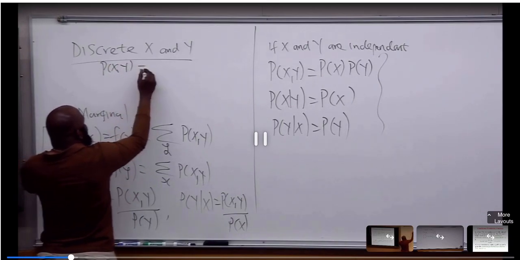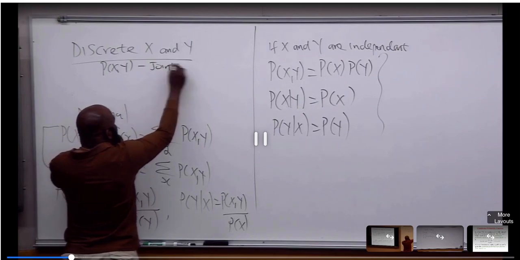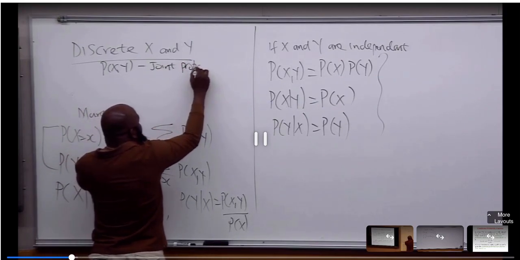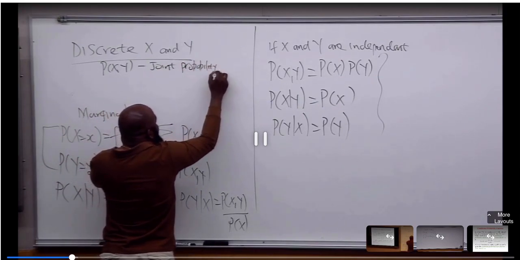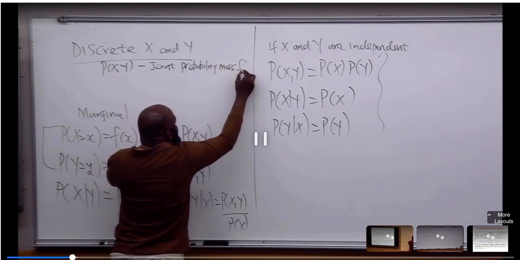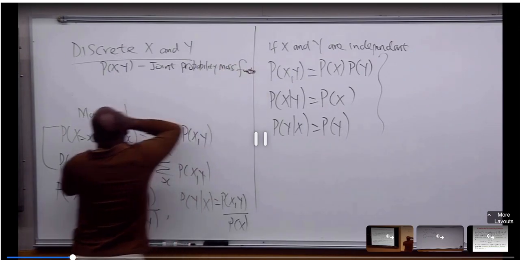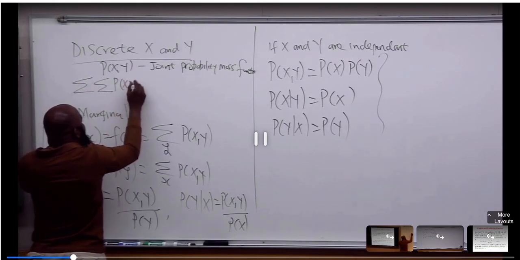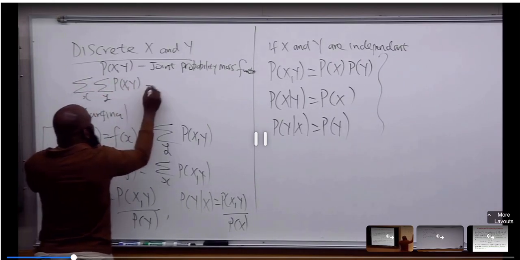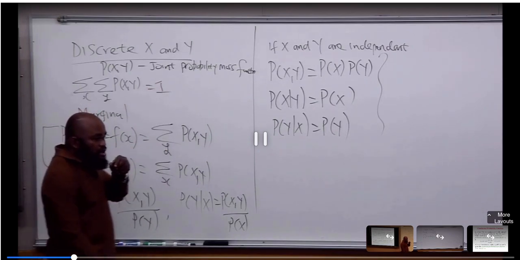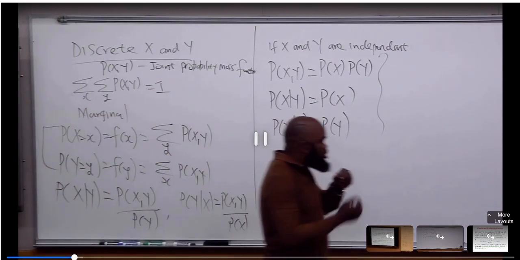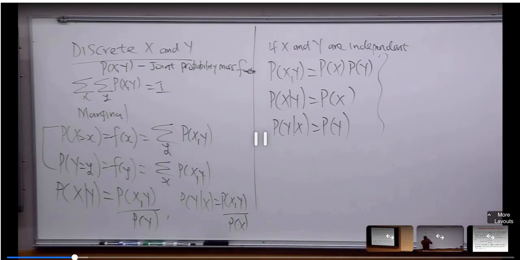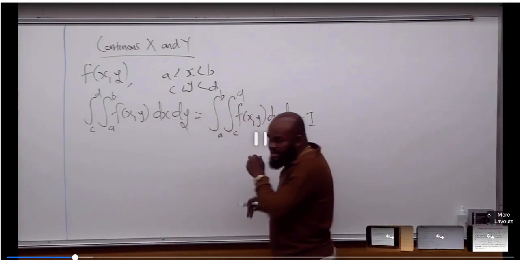I'm trying to say this is a joint probability mass function. Now the summation of p of x, y also has to be equal to 1. That is what is going to make the joint valid. The joint is also going to be valid under this category.